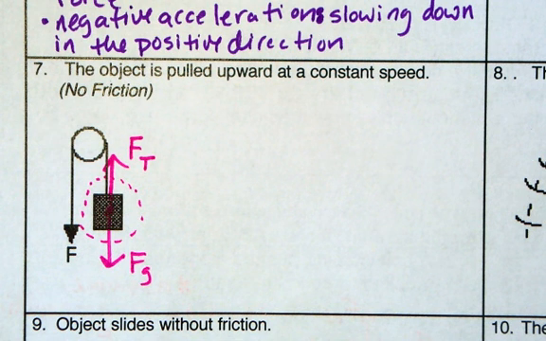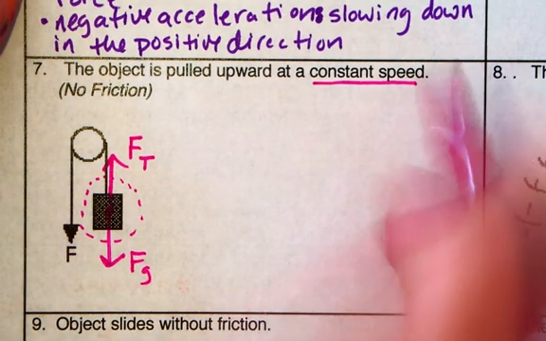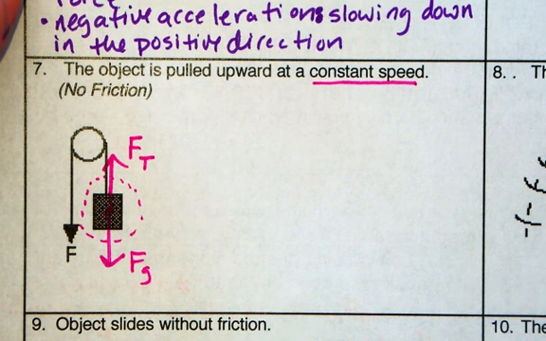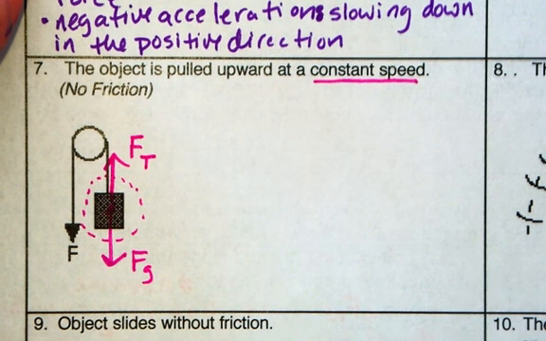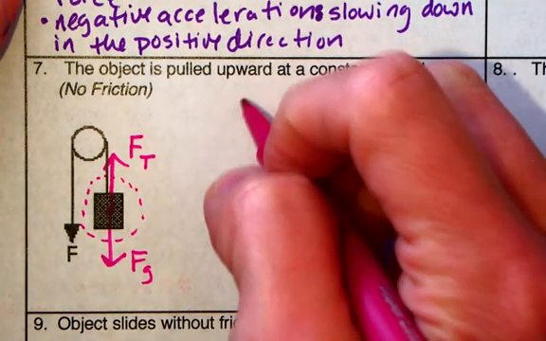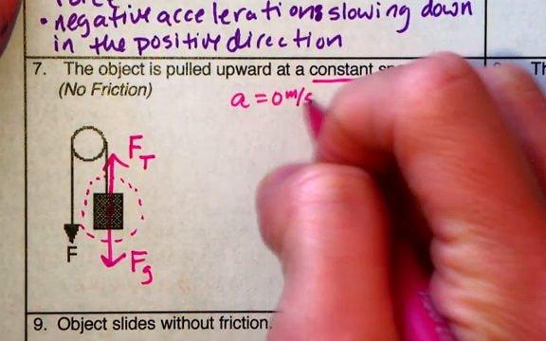Okay, we actually know more information about this. So let's read through. Everybody take a second, read through the description. Okay, why is that important? Yeah. Because we know that acceleration is 0.